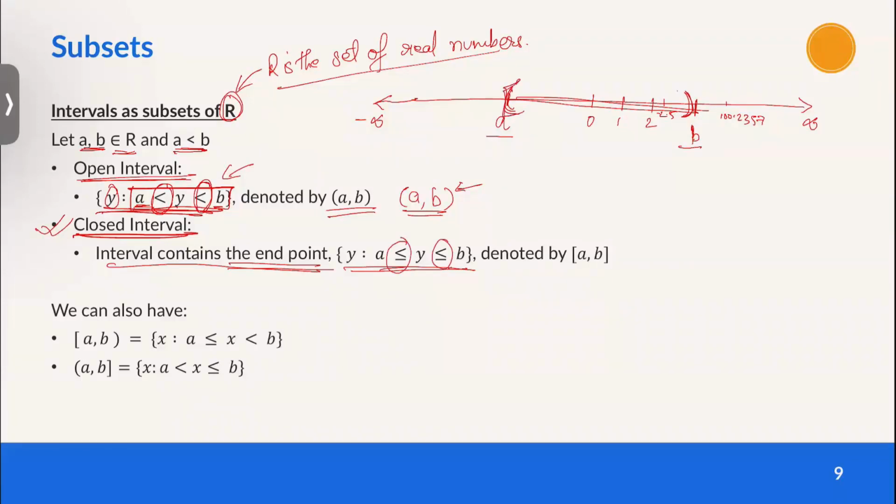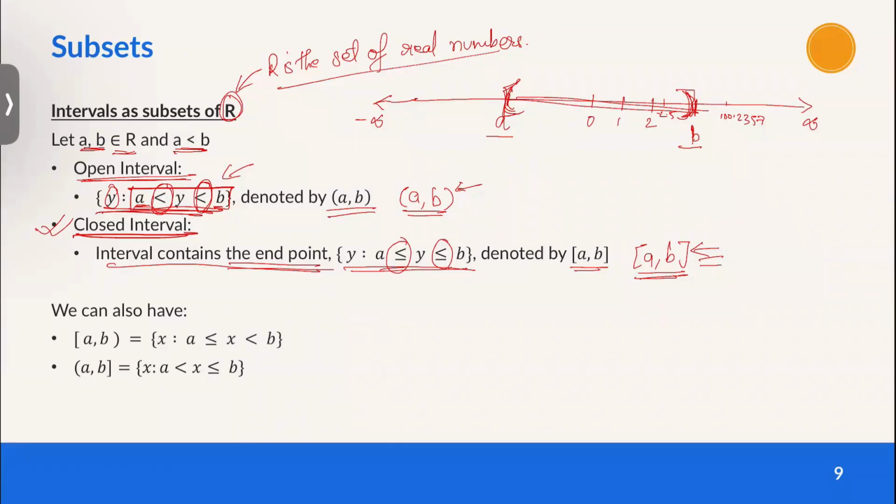And it is denoted by the box bracket A, comma B. So this is known as the closed interval, right? All the numbers in between A and B, with both A and B included, is called the closed interval. So we write a closed interval with box brackets and an open interval with normal brackets, right?